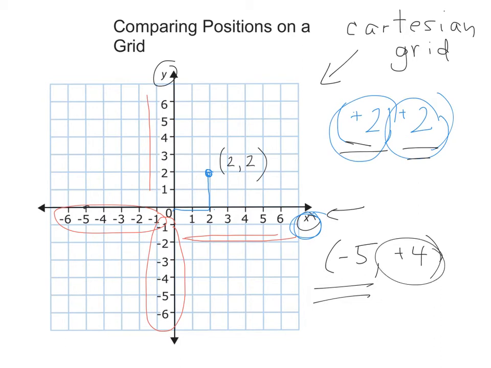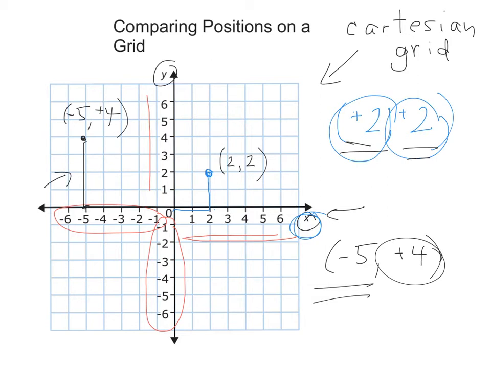So I go up on the y-axis to +4, and I plot my point there, and then I would write down the coordinate, -5 and +4. Now, you don't want to draw these lines like I did. I just did that to show you how to plot points. You would literally just put the dot and then put the point there.